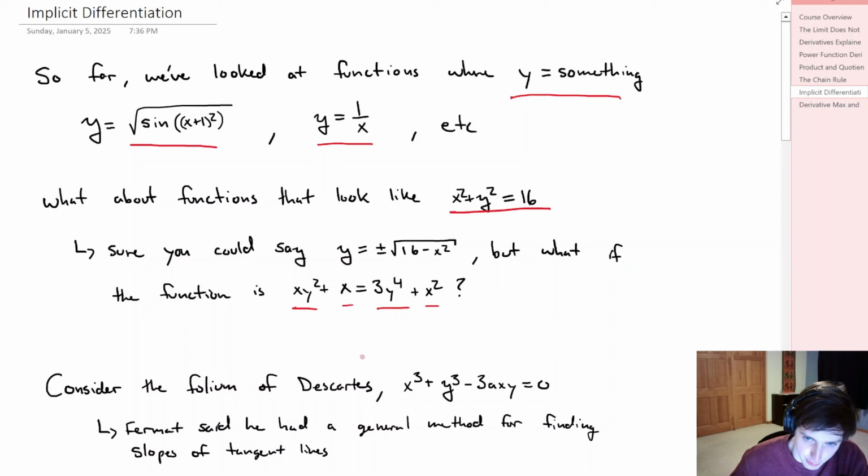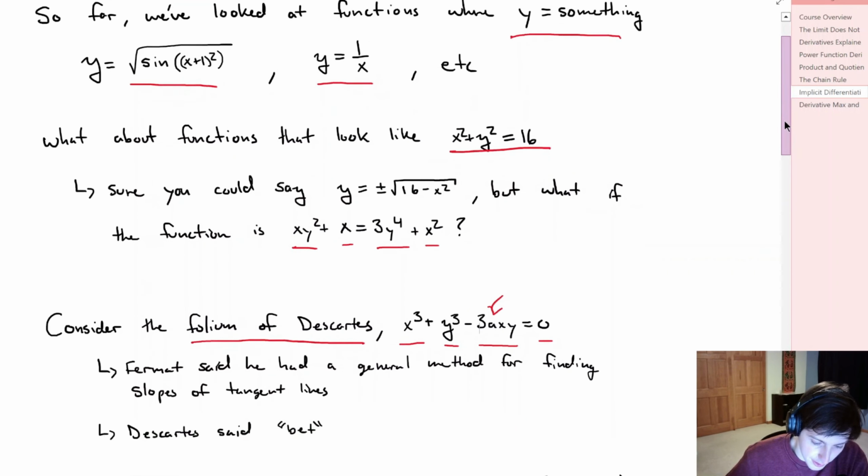And if we go back through history and look at implicit differentiation, we get brought to this folium of Descartes. I'm sure I'm pronouncing that awfully wrong. But we're going to consider this function, x cubed plus y cubed minus 3a times x times y, being equal to 0. So in this a is simply a constant.